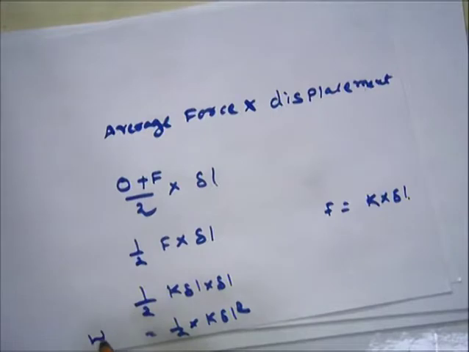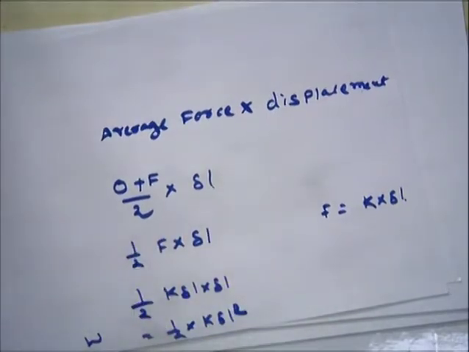So work done on a spring is nothing but 1/2 K delta L square.